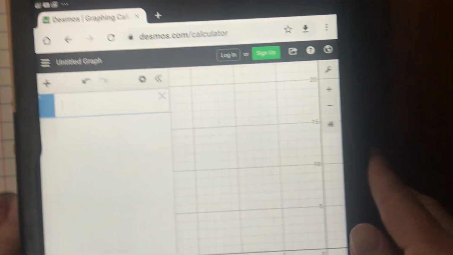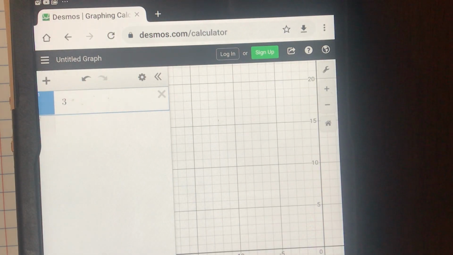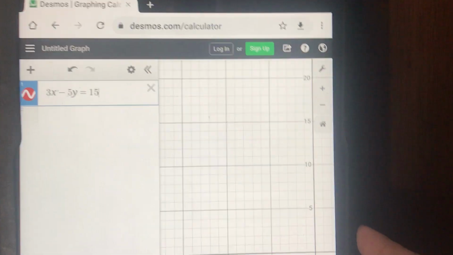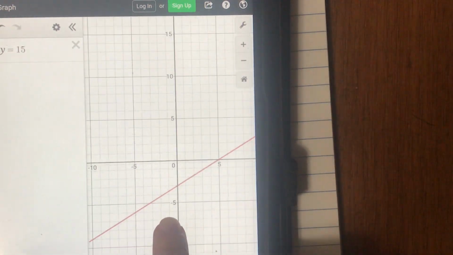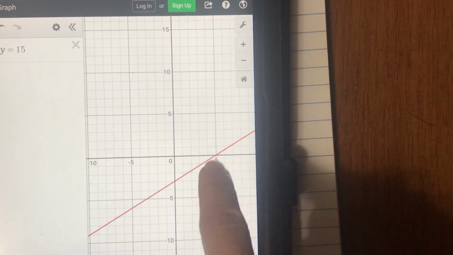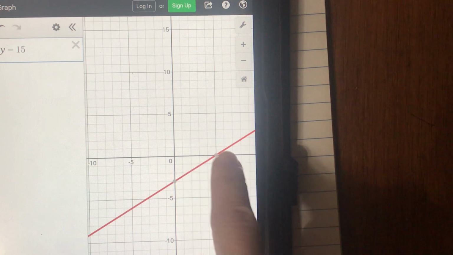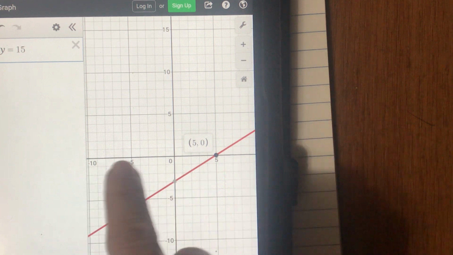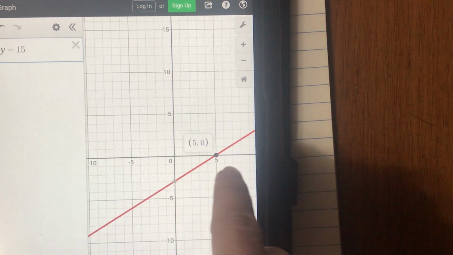Once I type that in Desmos, all I have to do is go to the graph and actually click on the x-axis and the coordinate point. And if I click on it, there it is, 5, 0 is the x-intercept. It's where the graph crosses the x-axis.